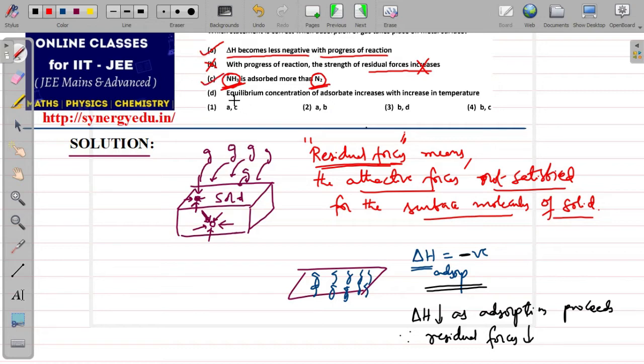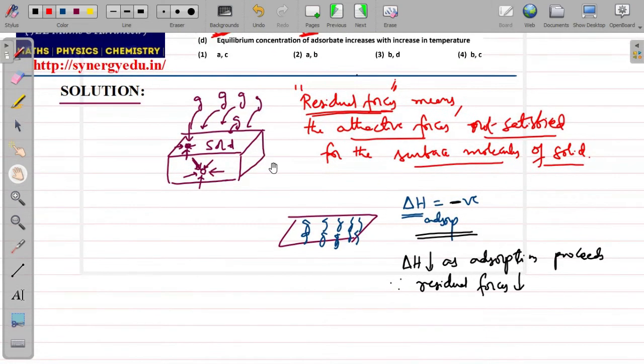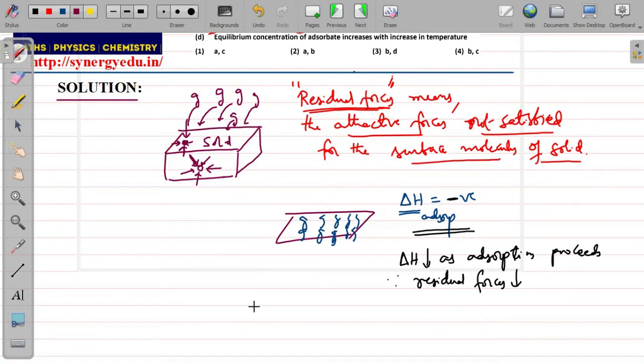And the equilibrium concentration of adsorbate increases with increase in temperature. Now, when you increase temperature, what happens? A gas is occupying the solid surface and is adsorbed. Delta H is negative.